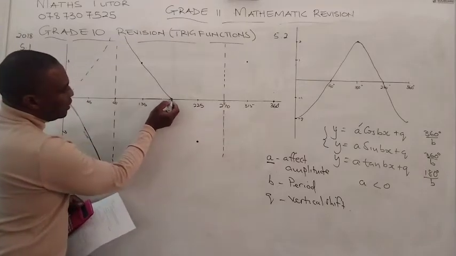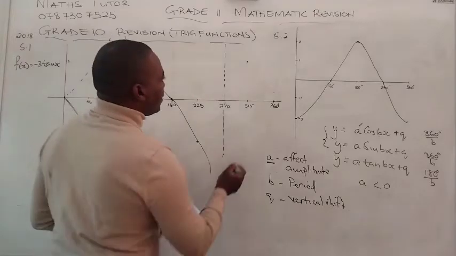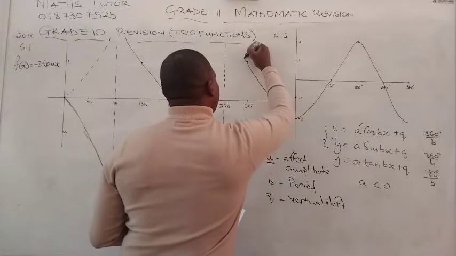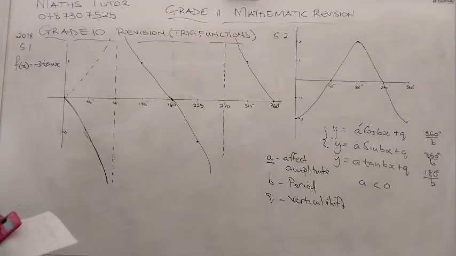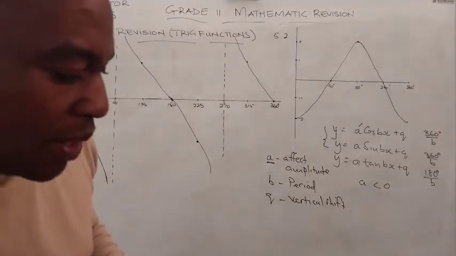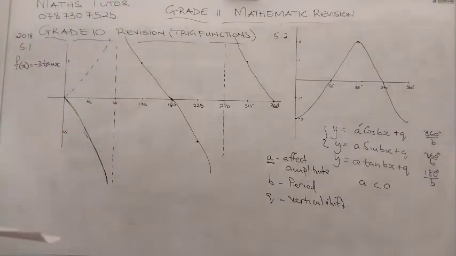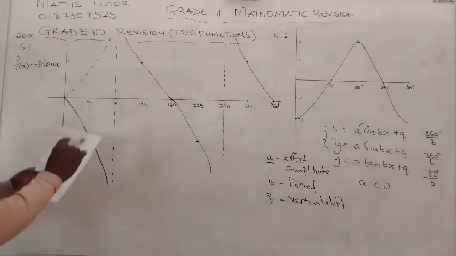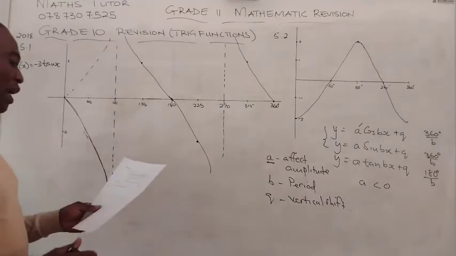And on this side it will be going like that. So basically that's our graph. So if you are given the function, it should be very easy to draw the graph because you can get assistance from your calculator about the points. All you need is the general knowledge of how the graph should look.